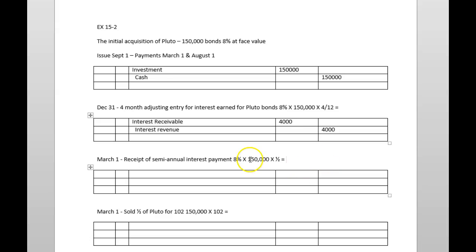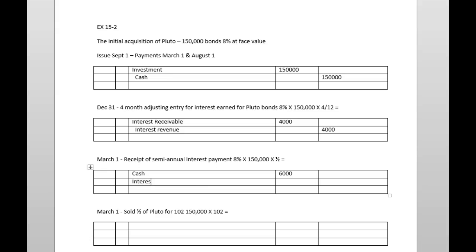So around comes March, and we receive the interest payment, and that means we get a cash payment of $6,000. We have to remove that receivable, right?